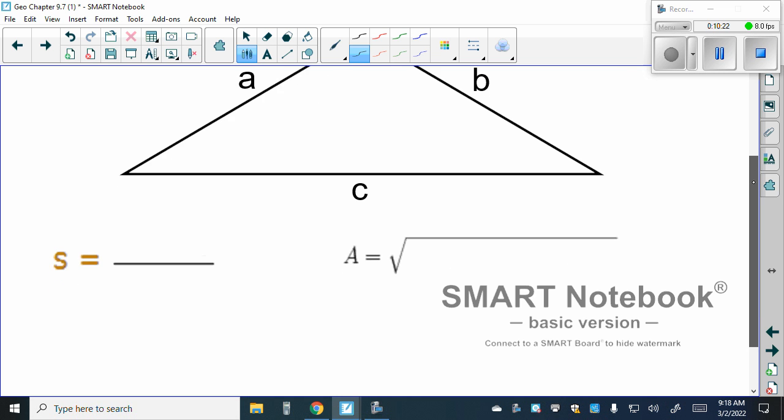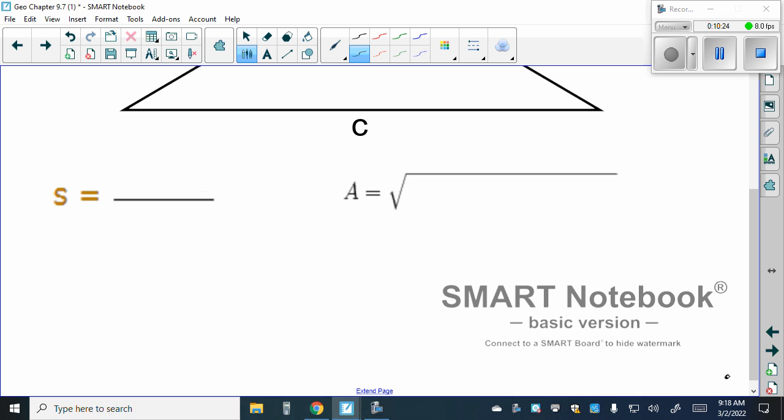Heron's formula has two parts. The first thing we need to do is find S. And S is the three side lengths added together divided by 2. So we need that first to find the area.